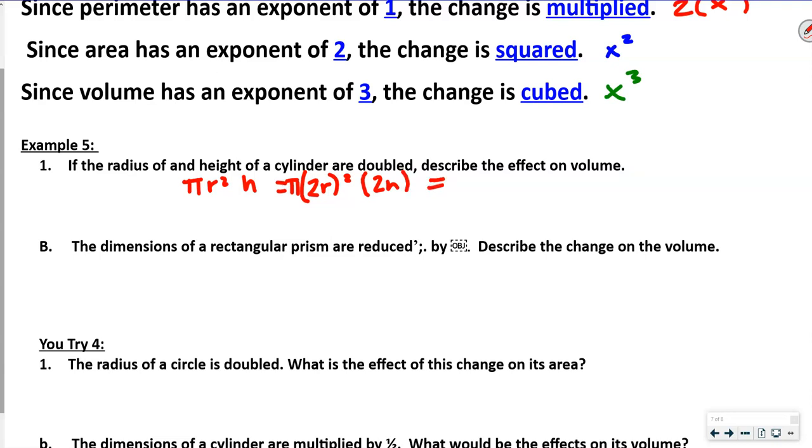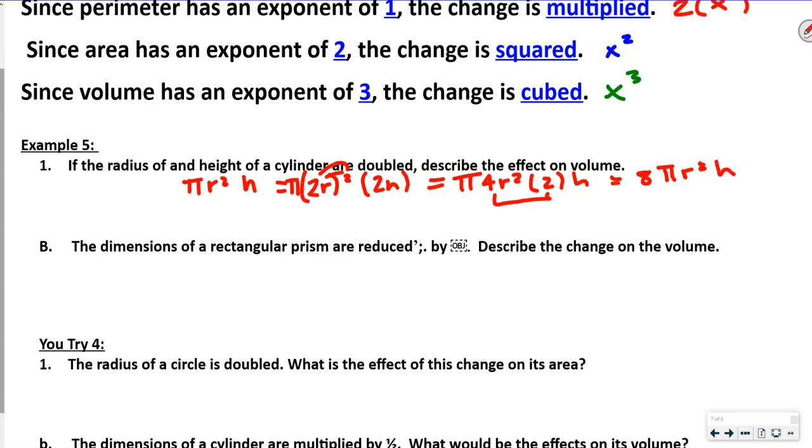So that's going to be pi 2 squared, we're going to apply this to both. So that's going to be 4, and then r squared, and then multiply that again by another 2h. Notice these two can be multiplied. So that's going to be 8 pi r squared h.